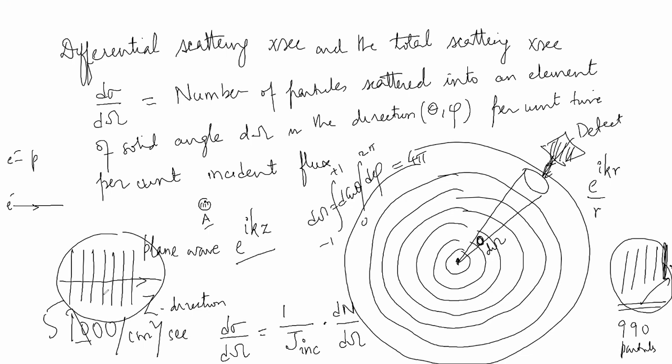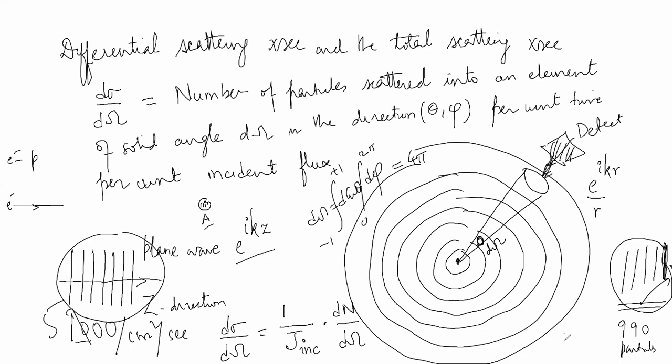Therefore, by increasing the time, I can increase the number of events if the experiment is continuously going on, or by increasing the incident flux, we can increase the number of scattering events. Therefore, the differential scattering cross section d sigma by d omega is equal to the number of scattered particles per unit solid angle divided by the number of incident particles.